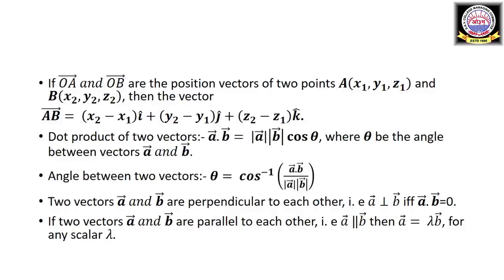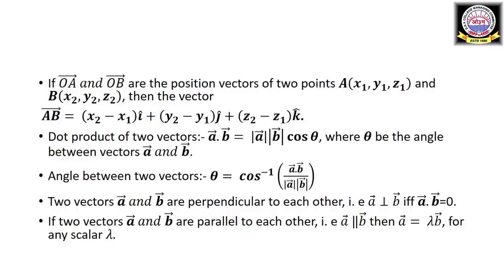And simultaneously I can say, if the two vectors are perpendicular to each other, then the angle between them will be 90 degree and cos 90 is equal to 0. So, if A vector is perpendicular to B vector, that implies A dot B is equal to 0. If the two vectors are perpendicular to each other, their dot product is 0.